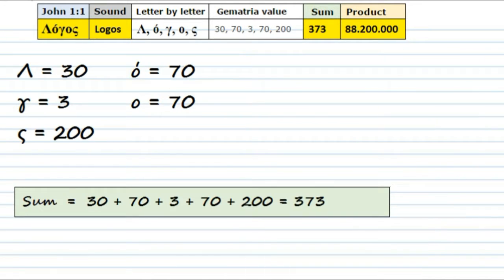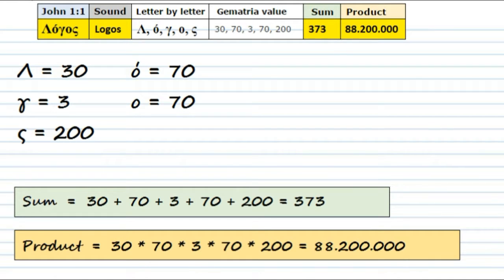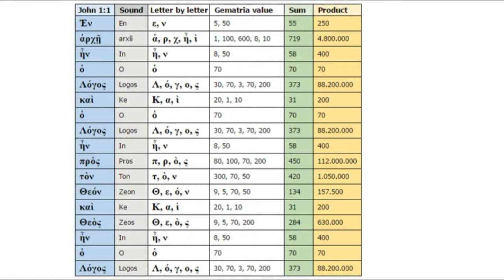So the sum of the letters is 373, and the product is 88,200,000.